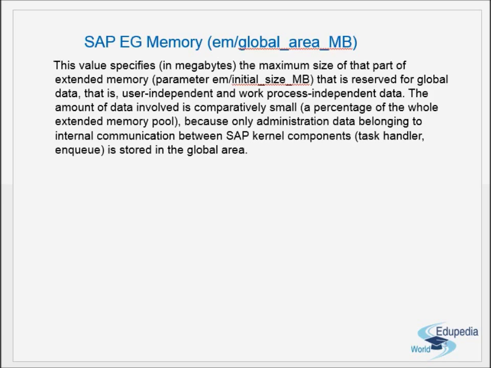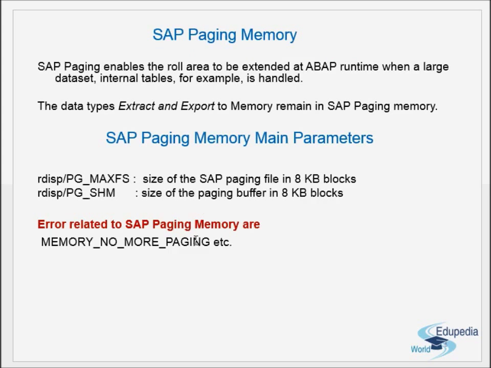Now, when we talk about the SAP paging memory, this enables the roll area to be extended at runtime when a large data set, the internal tables for example, is handled. The data types extract and import to memory remain in the SAP paging memory.